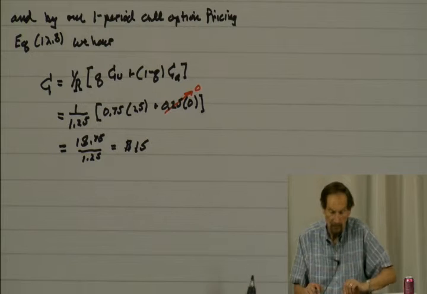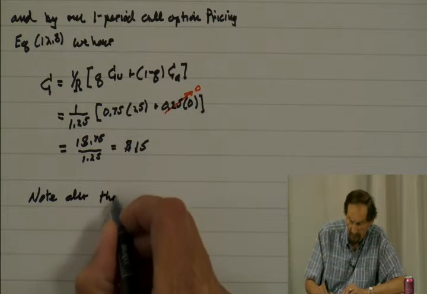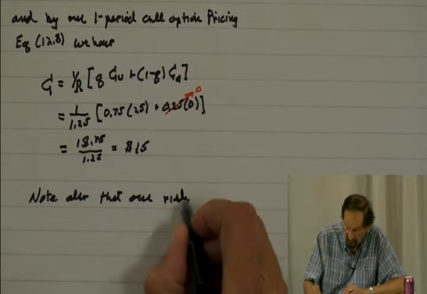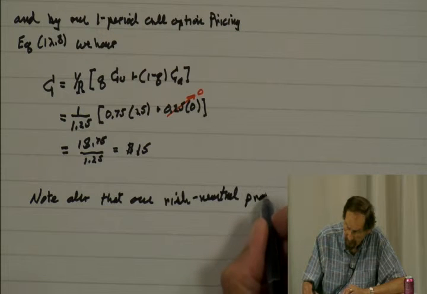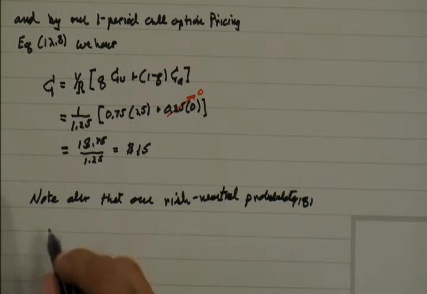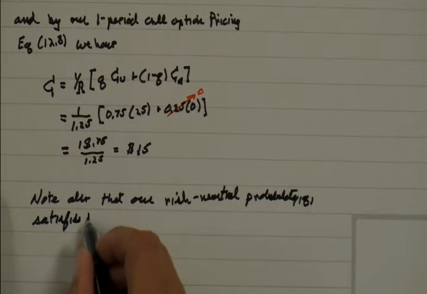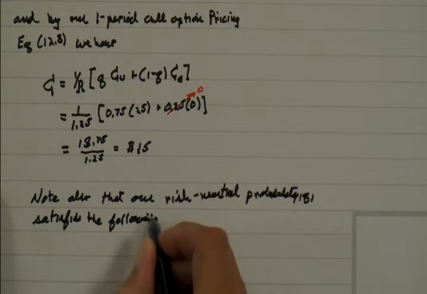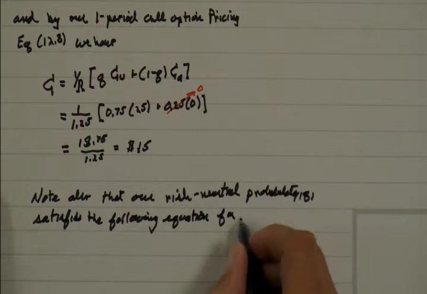Now, note also that our risk-neutral probability Q satisfies the following equation for the stock price.